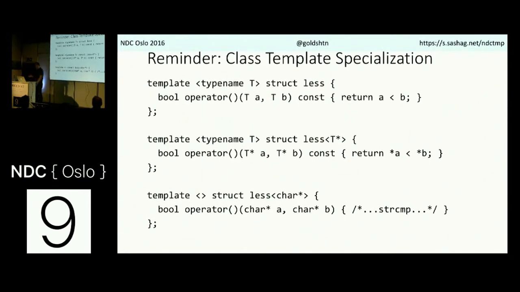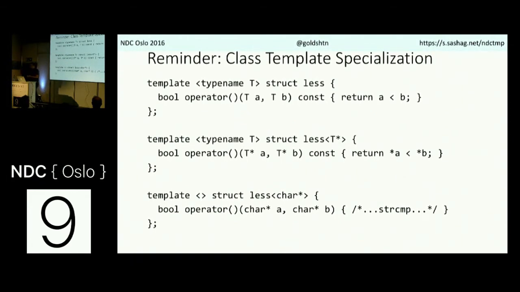The main tool we'll be using throughout this talk is template specialization. So this is just a very, very quick reminder of how this works, what it looks like. So basically here we have a partial and an explicit complete specialization of the less template. So less has an operator that can be invoked as a function, and it compares two objects, determines which one should be sorted before the other.